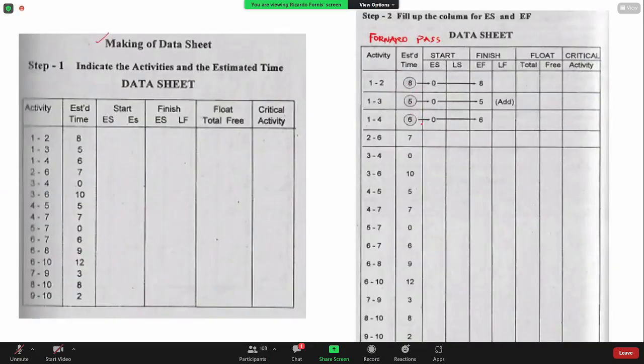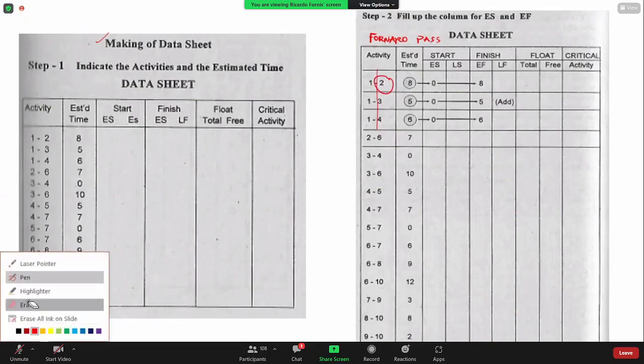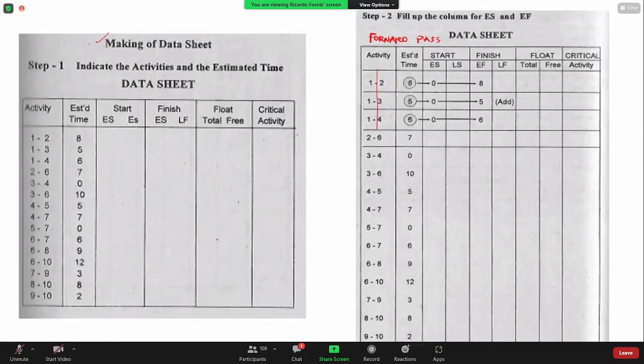Actually, you can program this in Excel. For 1 to 2, you just program it: if the value of this one is 2, to see the precedence. So we have here the starting activities 1, 2, 1, 3, and 1, 4.